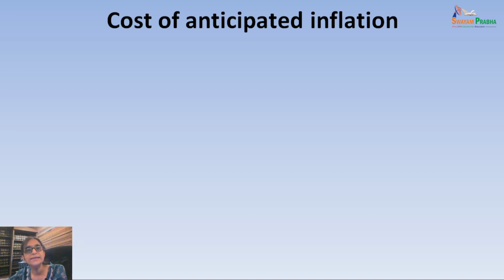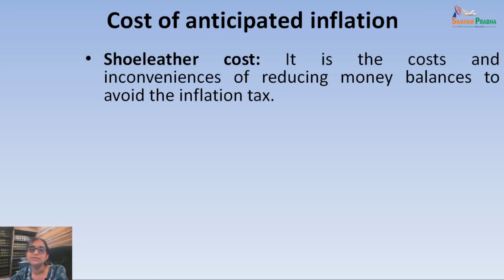So there are certain expectations with respect to inflation rate, and we make our decisions in consideration of this expected inflation rate. When we are expecting a certain rate of inflation, it entails certain costs. The first cost is called the shoe leather cost.